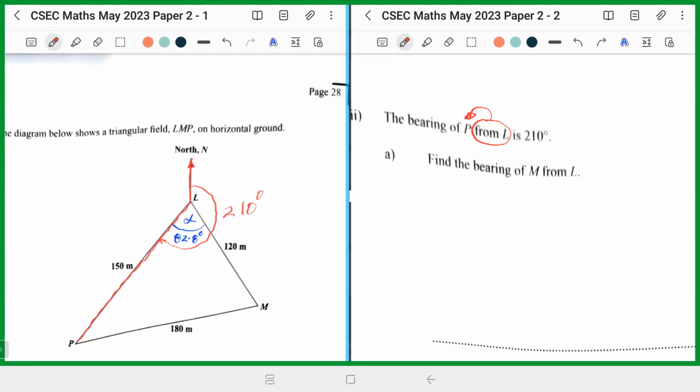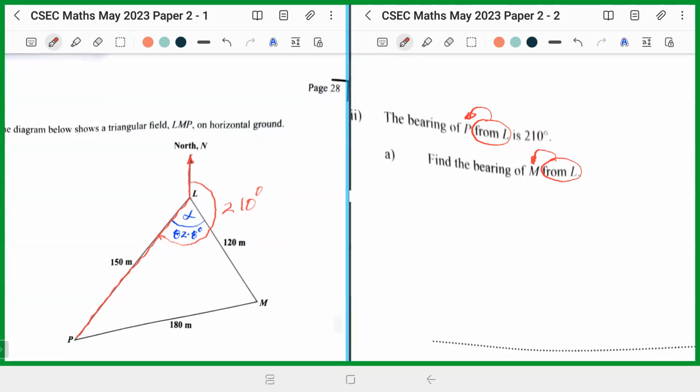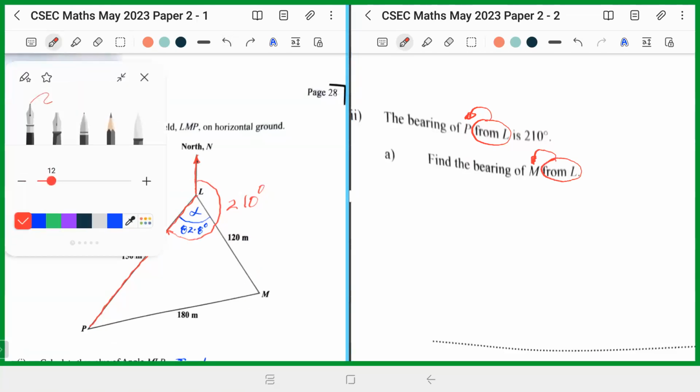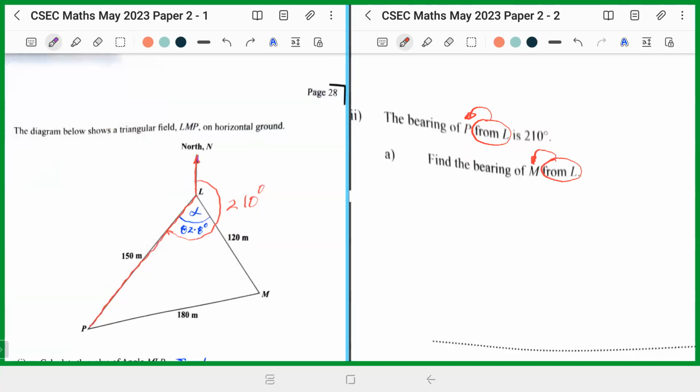That angle is 210. What angle do they want? They want the bearing from L to M. So they're asking us now for the bearing from L to M. Which angle are they asking us for? From the same L to M. So if I were to show that in a different color, purple, this is the north line again. They're asking me for the angle through which I have to turn to the right around here now.